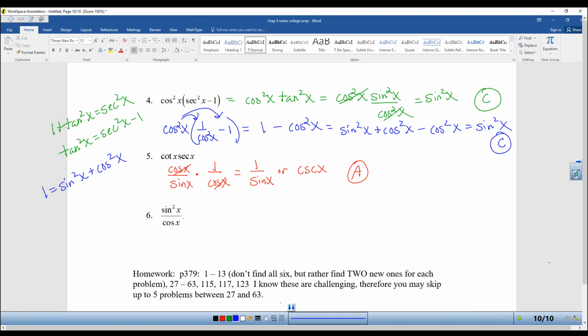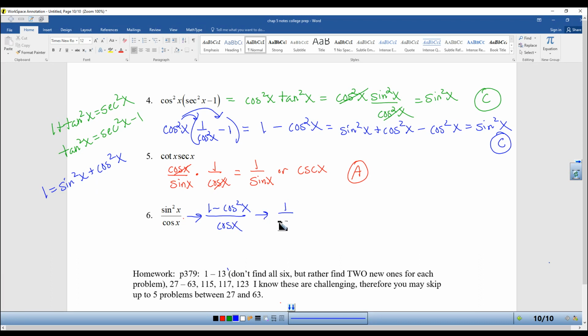And last, there's a couple different ways I could approach this. One is I could think, well, I could change everything to sines and cosines. It already is. Change everything to cosines by making my sine squared into 1 minus cosine squared x. That's a possibility.